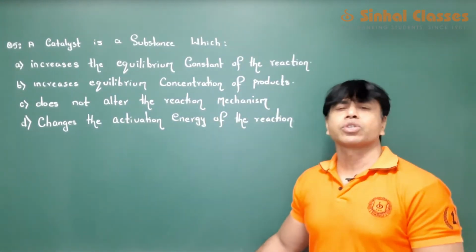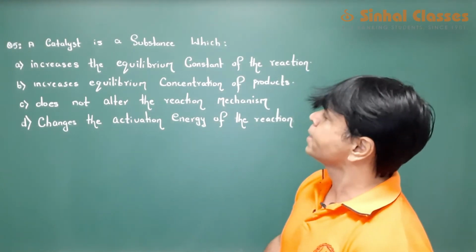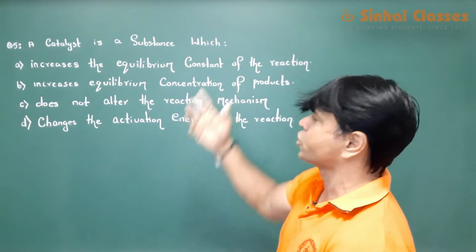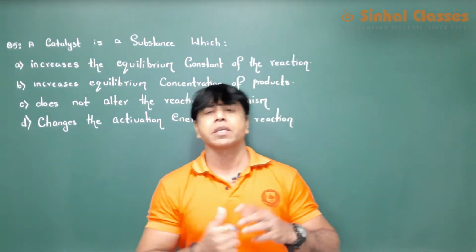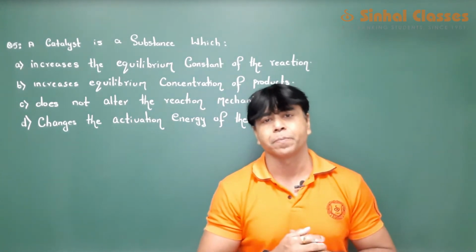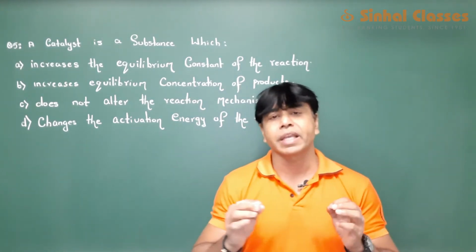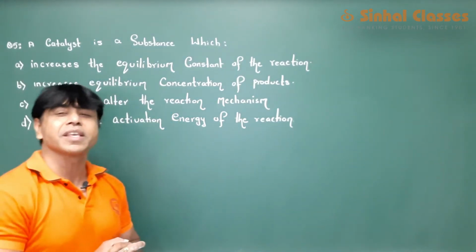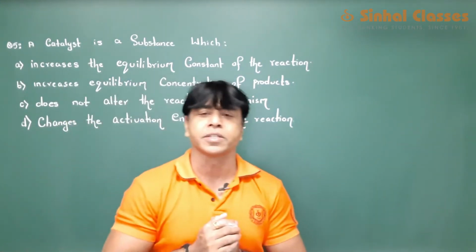Student, have a look at this question now. It says, a catalyst is a substance which, now they are asking the work of a catalyst. What is the work of a catalyst? You know, catalyst always changes the activation energies.